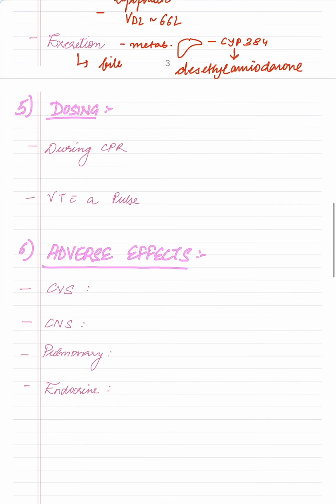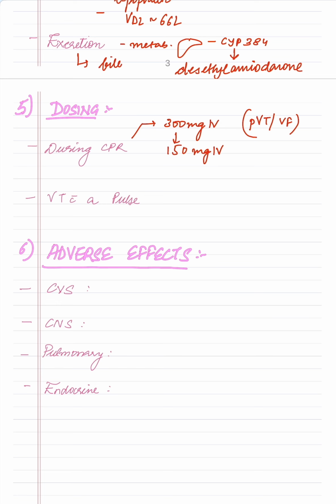Now it's dosing. During CPR, you go with the initial dose of 300 mg IV and if required, followed by another dose of 150 mg IV. This is when the patient has pulseless ventricular tachycardia or ventricular fibrillation, in cardiac arrest.